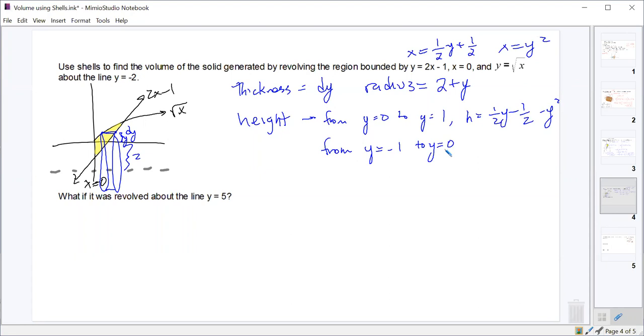Wait, can you re-explain where you got that height from again? Sure. So the height is the distance from the y-axis to the linear piece, minus, I shouldn't have drawn it that far up. All right, I'm gonna sketch it larger down here.